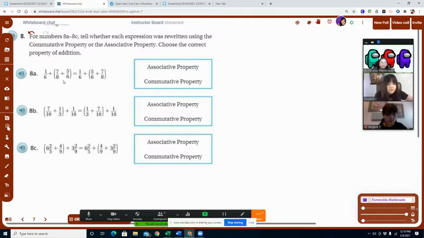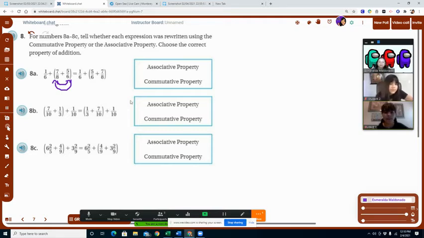Okay, so basically here, isn't it just switched? The 7/8 now it's here, and then the 5/6 is now on the other side, right? So what did they do? Did they change the parentheses or did they change the order? I think they changed the order because 1/6, and 5/6. Actually, no, they changed the parentheses. But the parentheses is still grouping 7/8 and 5/6.